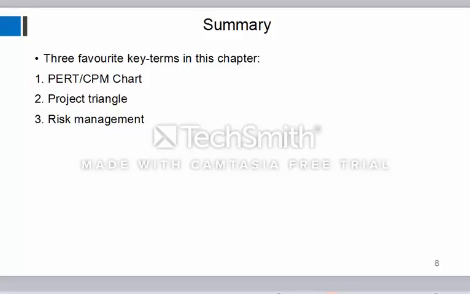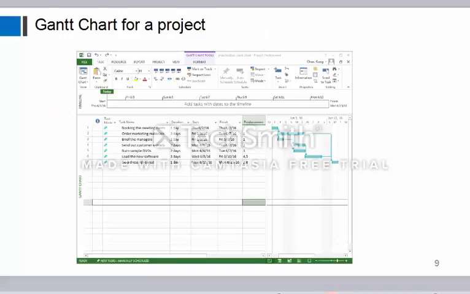In this chapter, my three favorite key terms are PERT chart, project triangle, and risk management. PERT chart is better than Gantt chart because I think PERT chart is more clear and direct for understanding the time and information of a project process.